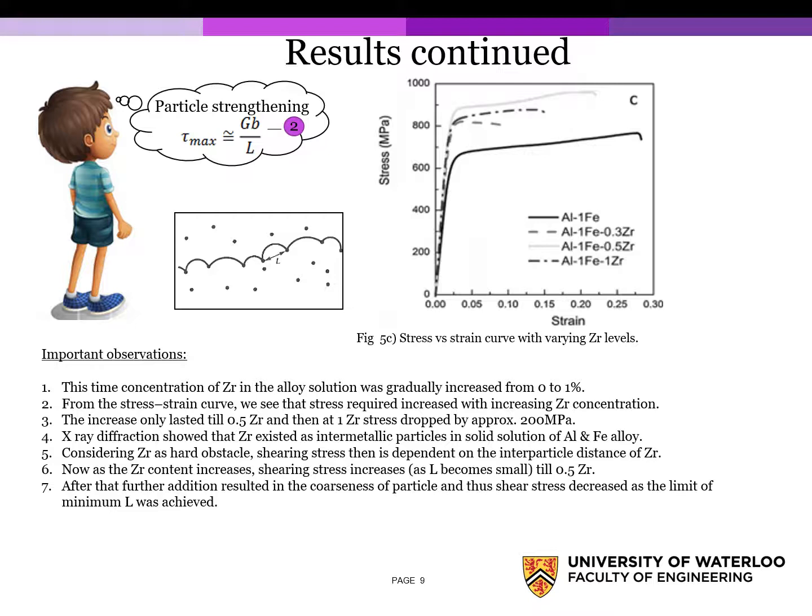Now as the Zr content increases, shearing stress increases as L becomes small, till 0.5 Zr concentration is achieved. After that, further addition resulted in coarseness of particles, and thus shear stress decreased as the limit of minimum L was achieved.